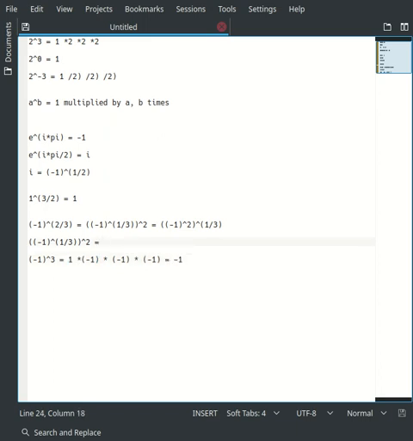So the cube root of negative 1 squared is the same as negative 1 squared. We know how to do that. It's just this, which is 1. So negative 1 to the 3 halves is also validly negative 1.